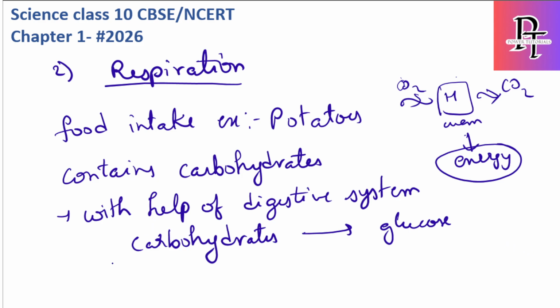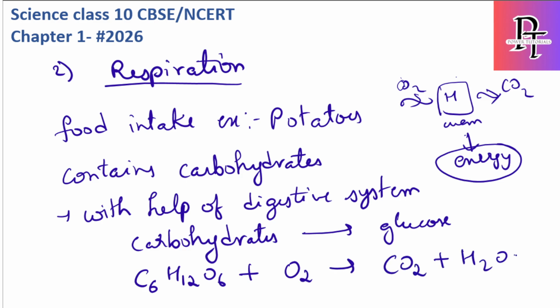Okay, sorry, water will not be released. So the glucose formula is C6H12O6. This is combined with oxygen to form CO2, H2O and energy. Okay, so let's balance this. C6 are present, so I'll keep 6 CO2, hydrogens 12, so I'll keep 6 H2O here. 12 oxygen plus 6, 18 oxygen are present.